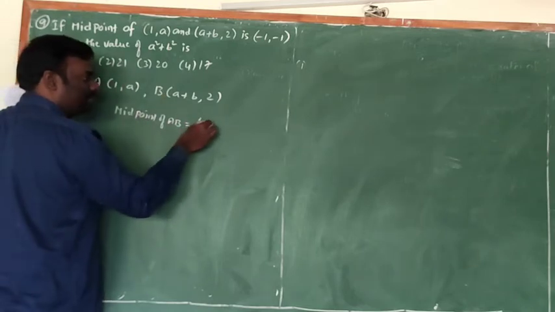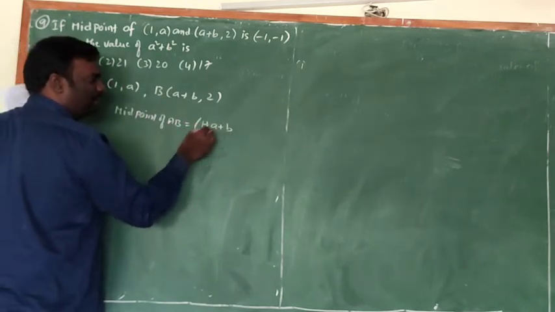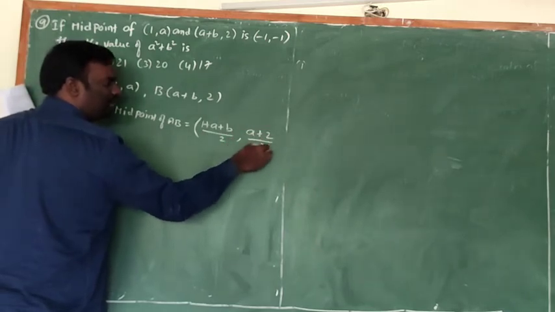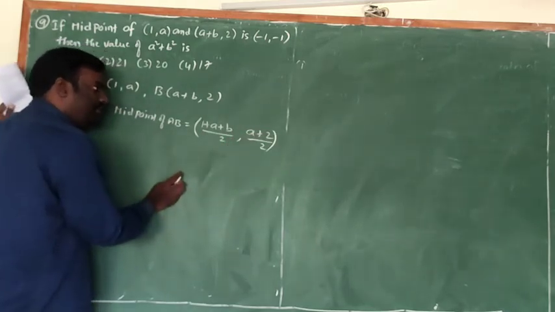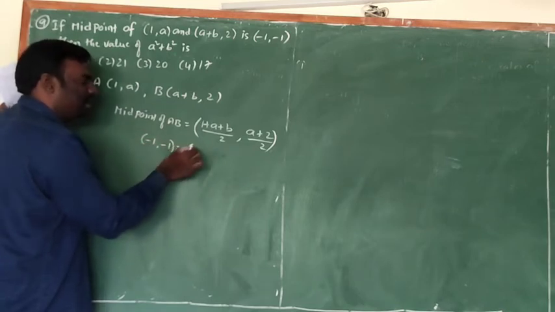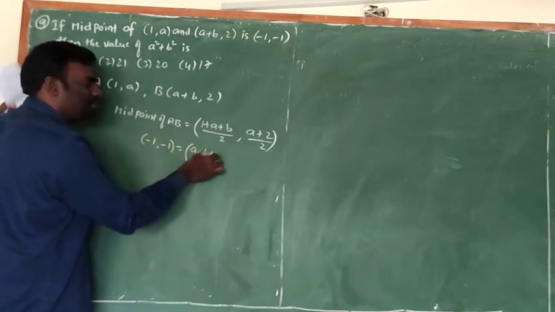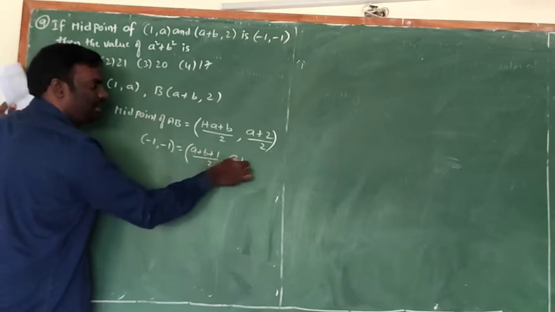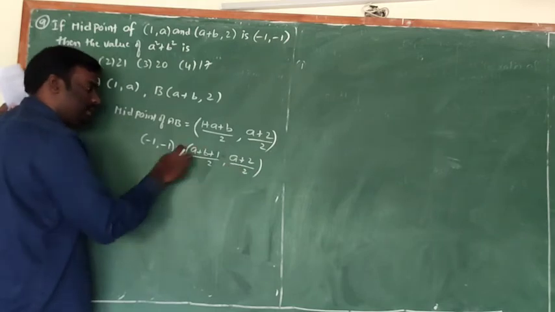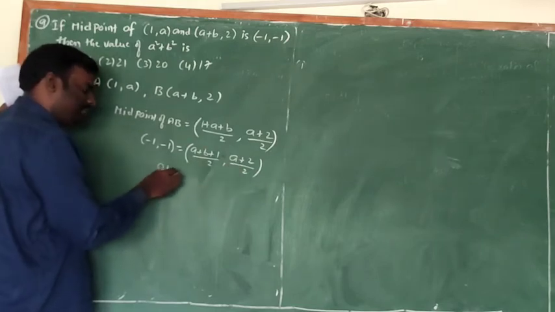Then (1 plus a plus b) by 2. Next (a plus 2) by 2. If this midpoint is already given as (-1, -1), that equals (a plus b plus 1) by 2 comma (a plus 2) by 2. Now equate this. (A plus 2) by 2 equals minus 1.